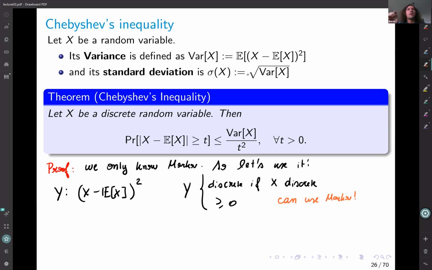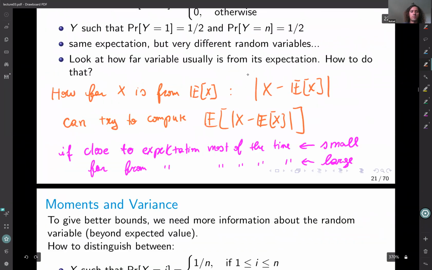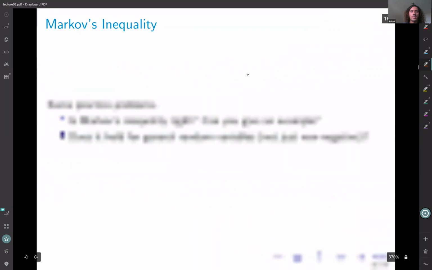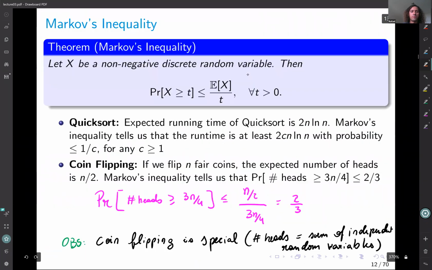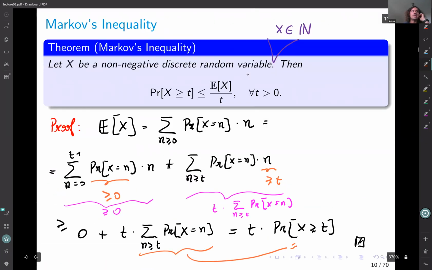Yeah, it can be any non-negative real number, and maybe I just wrote the proof this way to make it easier on notation. But let me go back to the proof. What is the thing that we used in the proof of Markov's inequality? All we did is that for any value that is less than t, we said the probability of that event is greater or equal to 0.